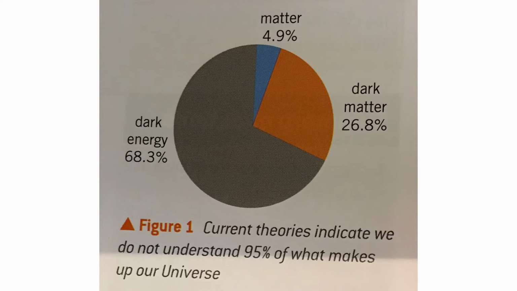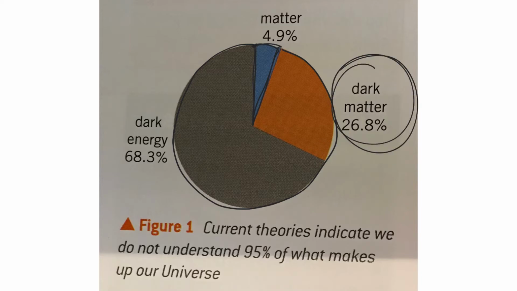In your book, in chapter 20.5, figure 1, the pie chart is given, so you can see that we can account for only a very small proportion of everything that we need to exist in order for all of the physics to work, to make our understanding better. So at this point, it's probably worthwhile doing a bit of research and typing into Google a little bit about dark matter, and then the difference between that and dark energy.